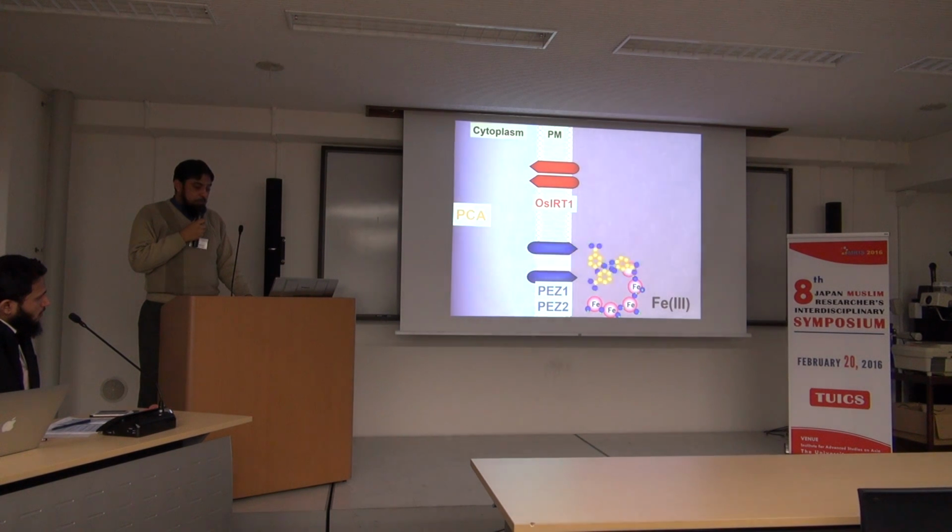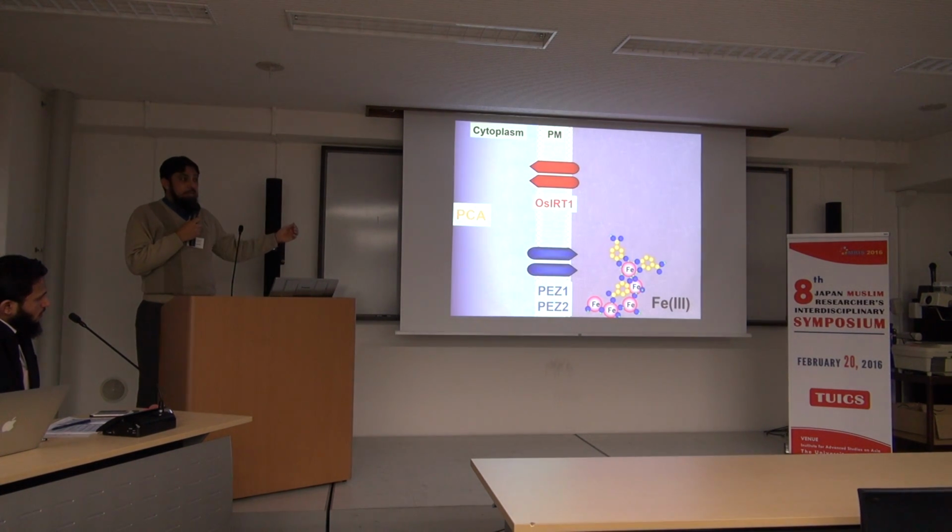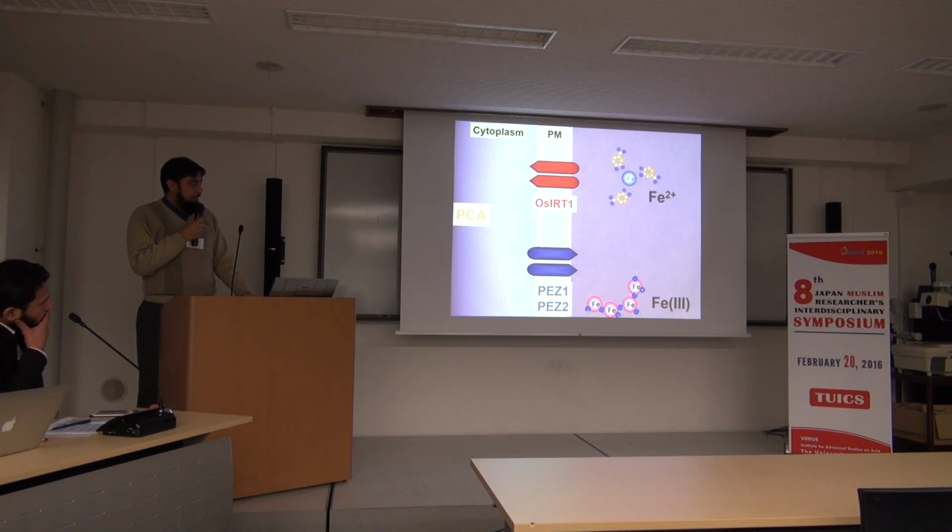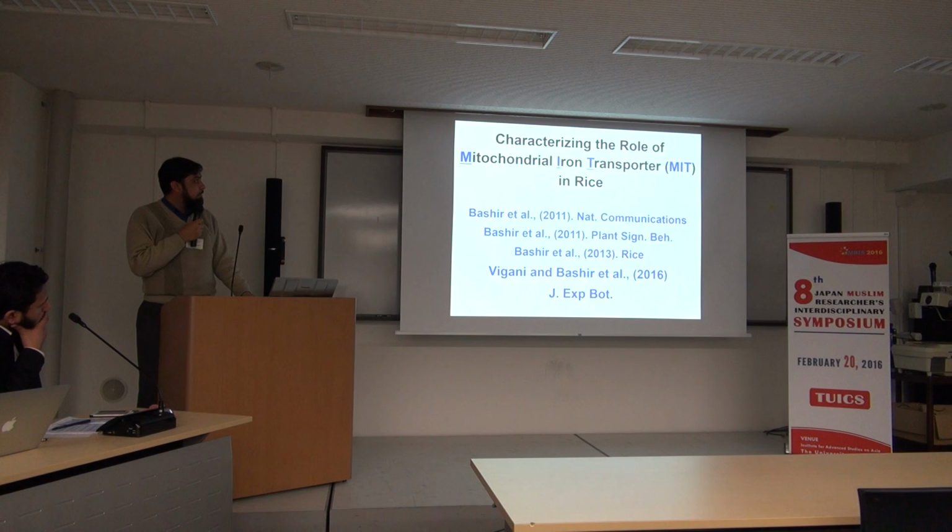And we also propose that besides these previously known chelators, plants also release some phenolic compounds like protocatechuic acid, and these phenolic compounds also help in solubilizing iron, which is later reduced to a more soluble form and then taken up by the plants.